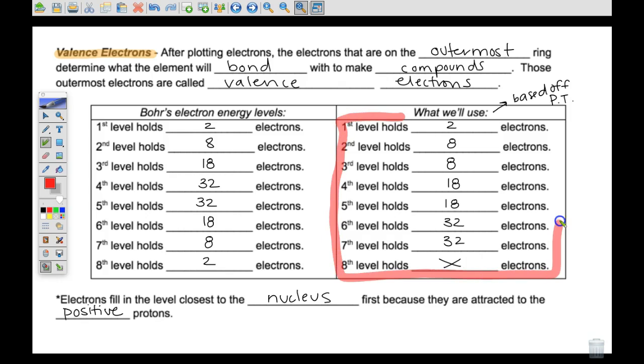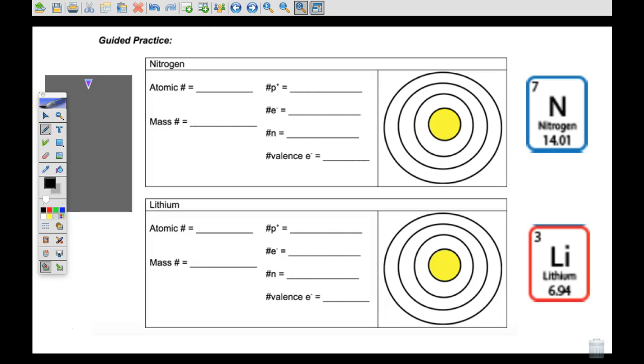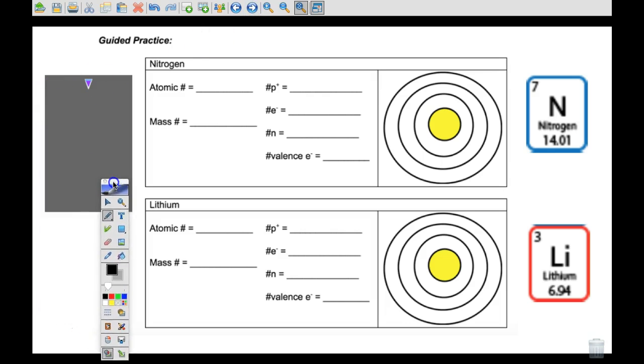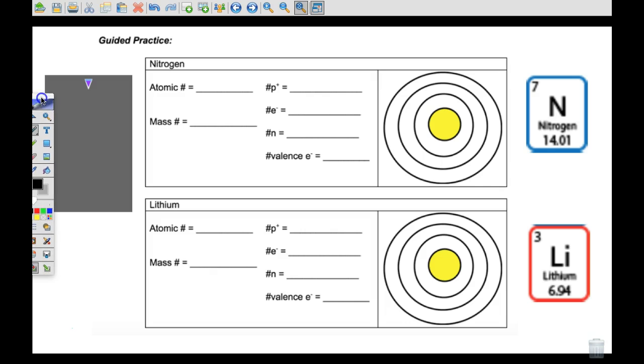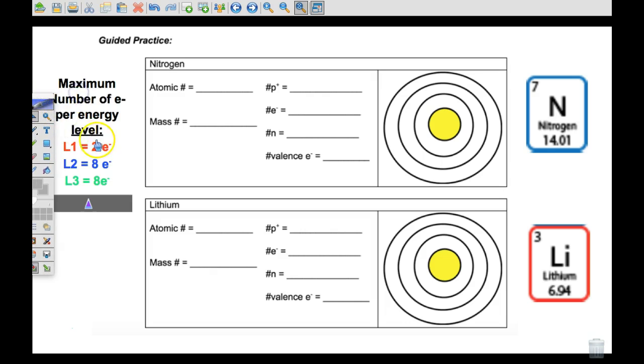This is going to be our guiding factor to figure out how to diagram the different levels and electrons. So as a reminder, the maximum number of electrons per energy level are 2 electrons in the first level, 8 electrons in the second, and 8 electrons in the third.